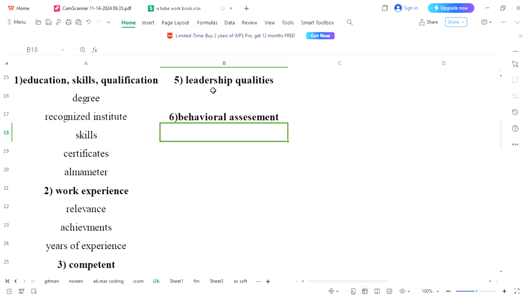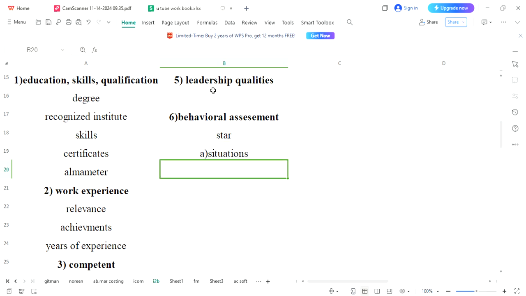For that, I would like you to understand this word STAR. In STAR, first thing, when situations are changed, what is his behavior? The first thing, S for situation.